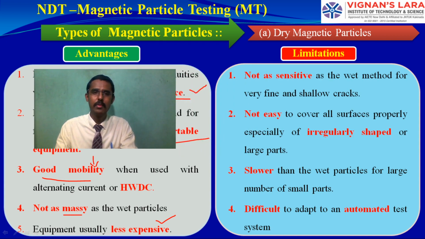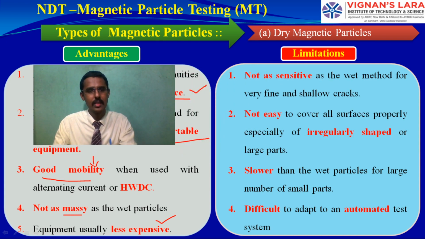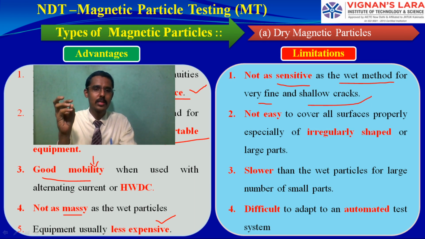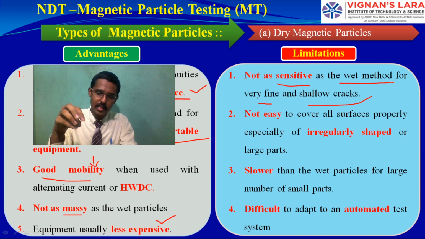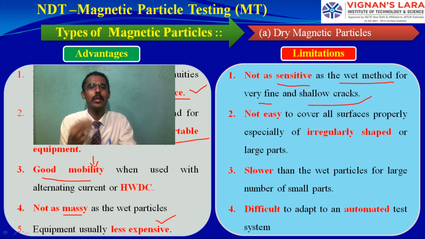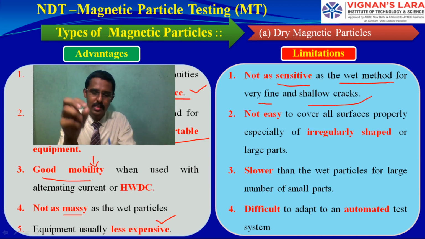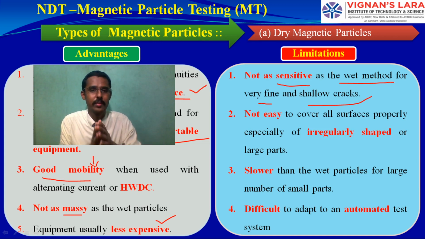But at the same time, we have a few disadvantages also. It is not as sensitive as the wet method for very fine and shallow cracks. You see, when the powders are spread onto the surface, they stick over a specific point because it is a solid. Even though it is a particle, it has some weight and is solid. It does not have fluidity.